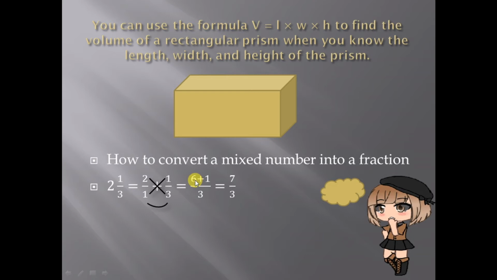This is the first number in the numerator. Then multiply 1 times 1, which is equal to 1. Now add them all together because it's an addition sentence here. So 6 plus 1 is equal to 7. So the improper fraction now is 7 over 3. Hope that you remember now.